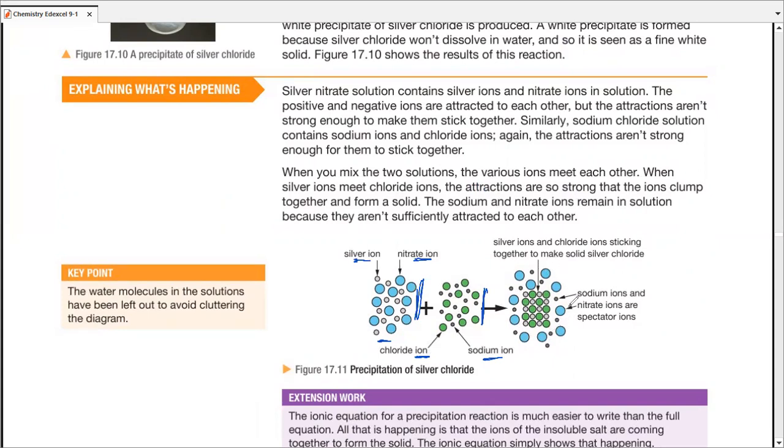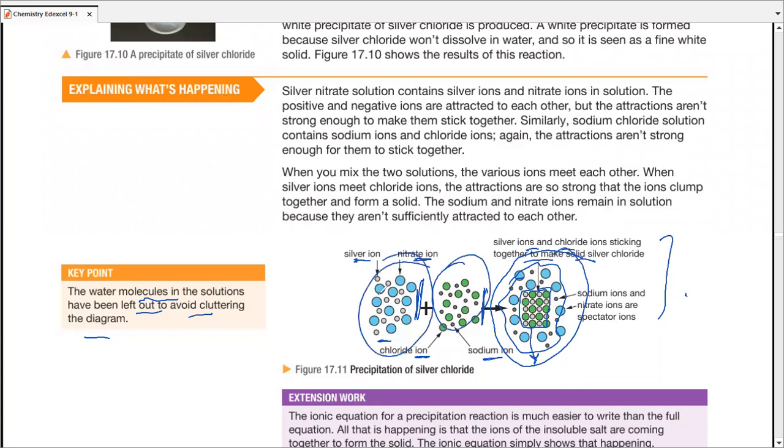They stay dissolved and move around the whole solution. But silver and chloride ions stick together, they form a solid, and that solid tends to settle down. Notice the structure of solids looks like a solid, and the structure of aqueous solution looks like small ions roaming around the solution. The water molecules in the solution have been left out to avoid cluttering the diagram, so that the diagram does not confuse you. But remember, there is water all around the system, or this one for that matter.